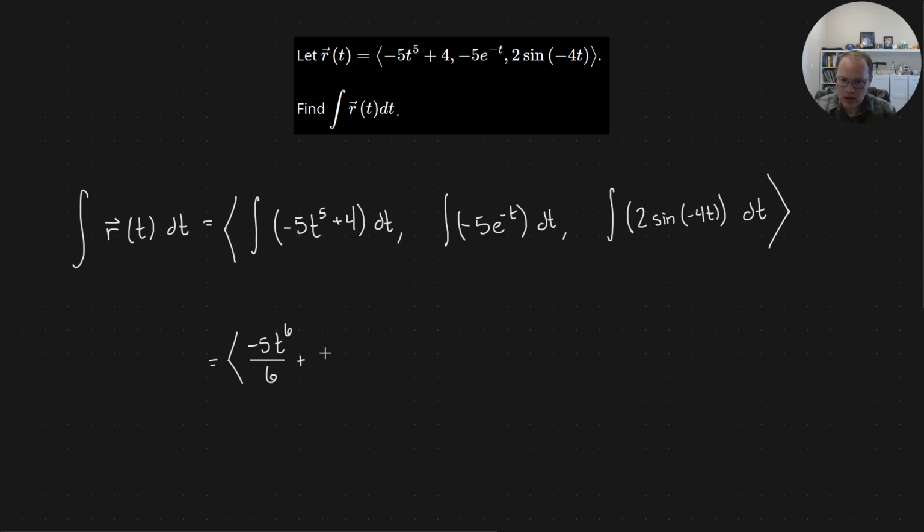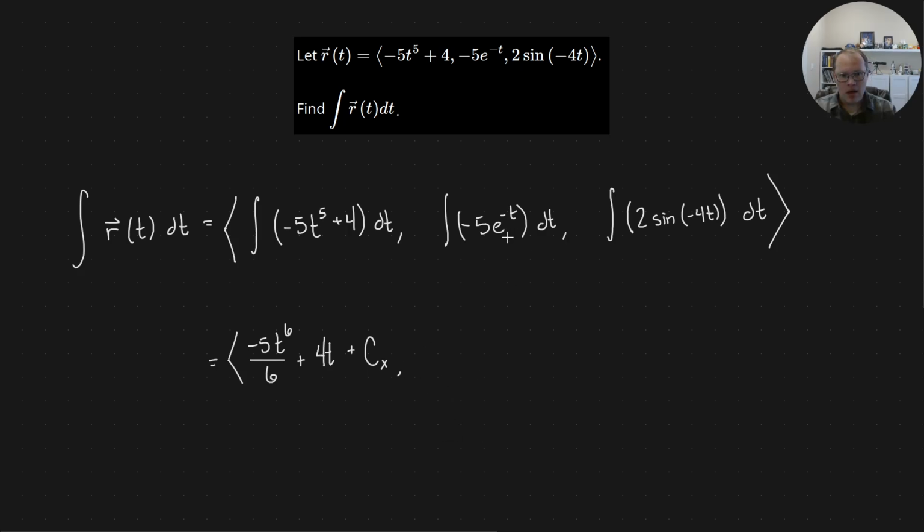The integral of a constant all by itself is just the constant times the variable, so 4t. This is an indefinite integral, so I will get a plus c. Now I'm going to be very careful. I'm going to say plus cx here. This is my constant from my first component, from my x component.